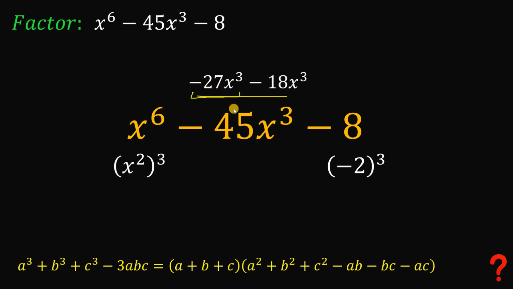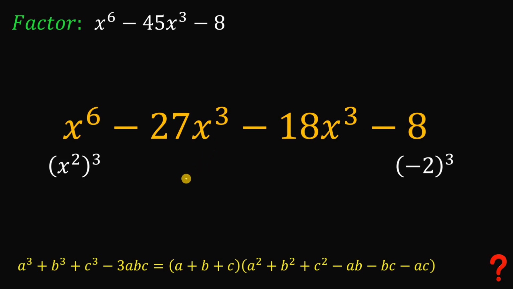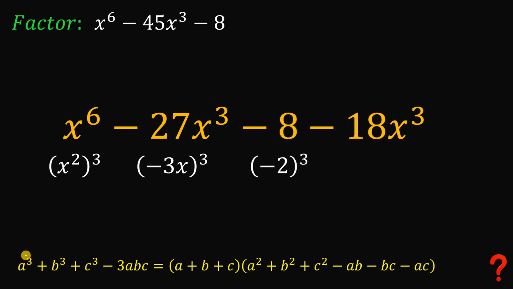Alright, so let's pick these expressions. Now we know negative 27x cubed, we can rewrite this as negative 3x raised to the power of 3. Now let's rearrange some terms a little bit. So we have a cubed, b cubed, c cubed: x squared raised to the power of 3, negative 3x raised to the power of 3, and negative 2 raised to the power of 3. So this will serve as a, b, and c.